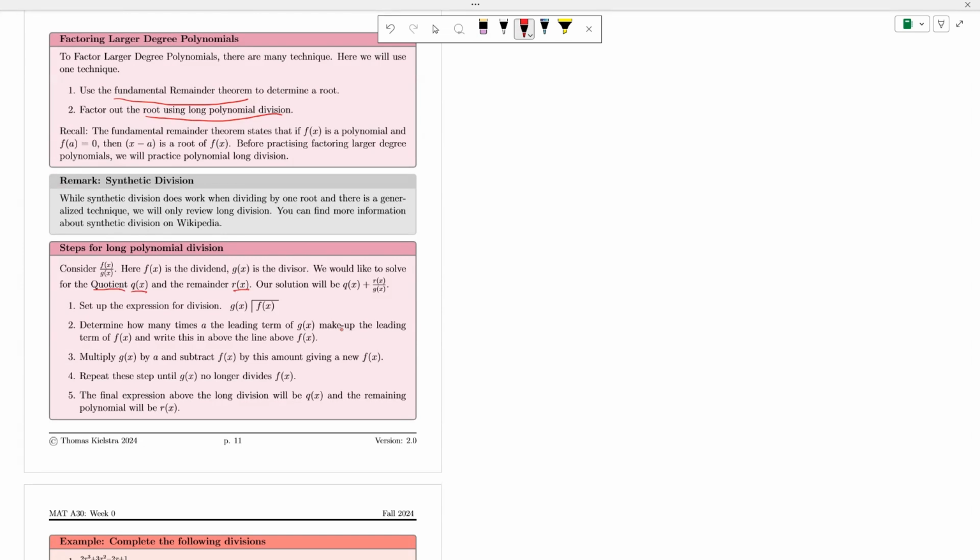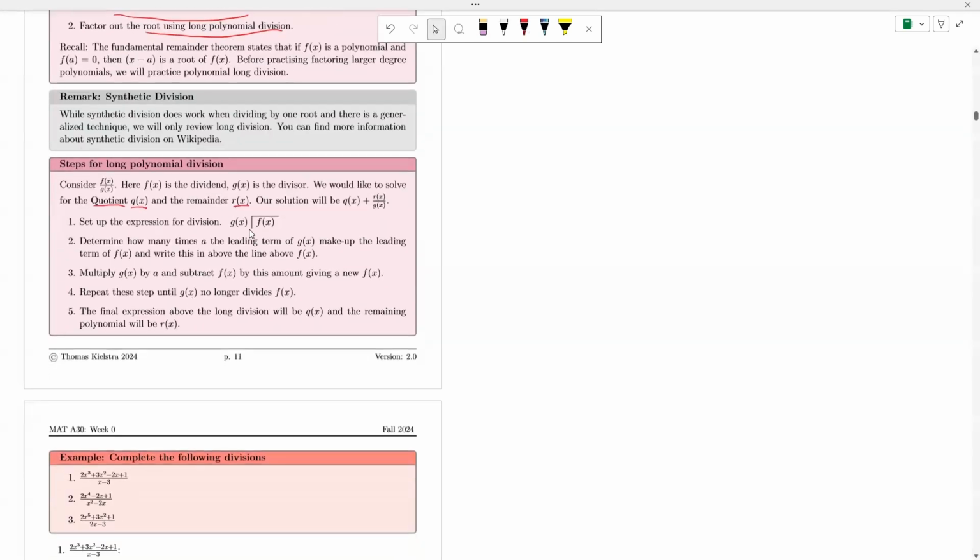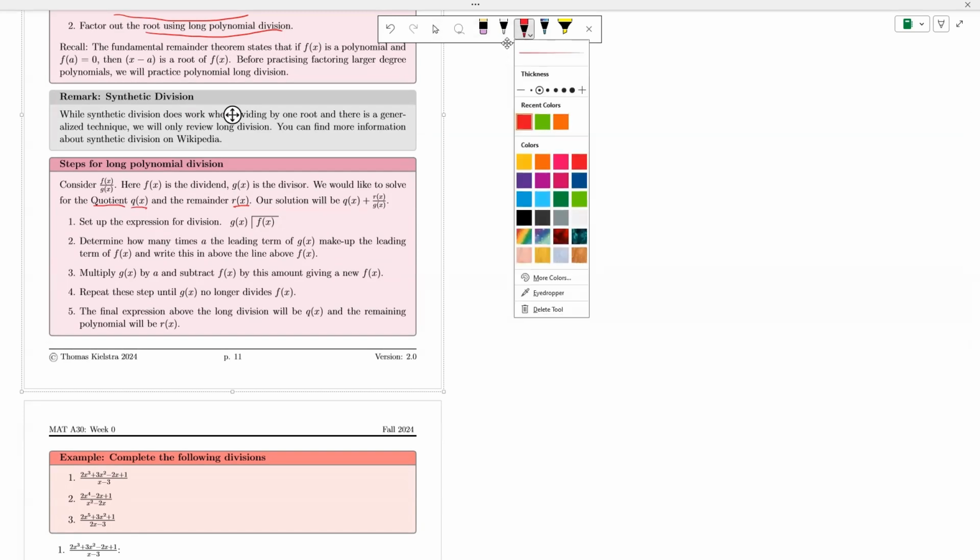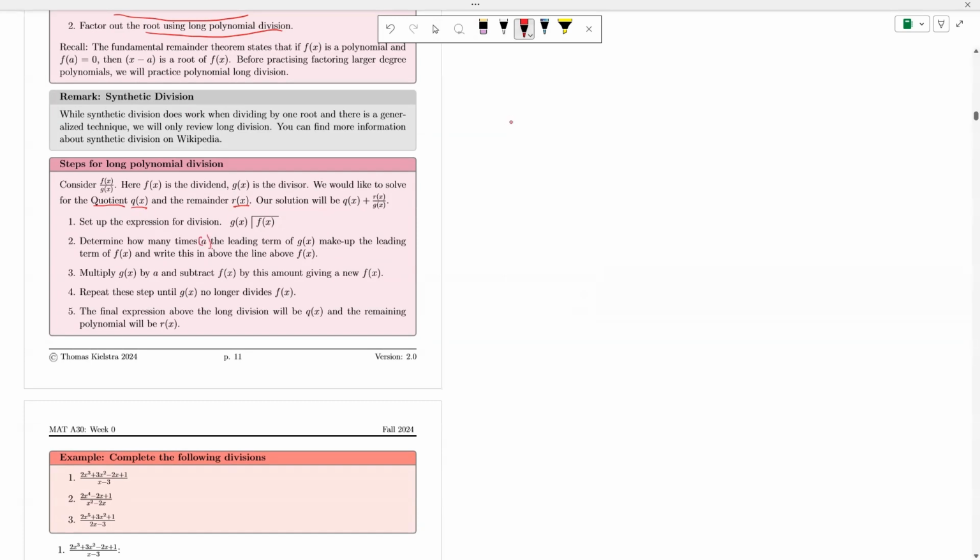So when we do polynomial division, we are going to set up the expression for division. Then we're going to determine how many times the leading term of g of x makes up the leading term of f of x, and write this above the line above f of x.